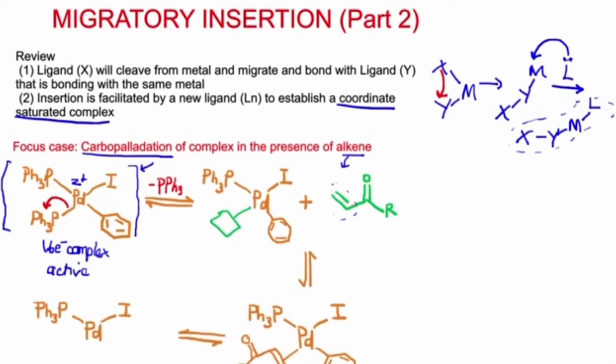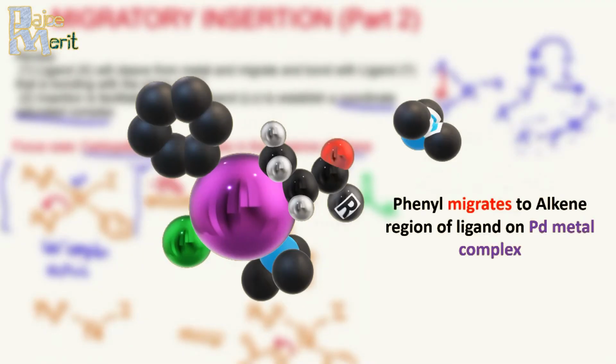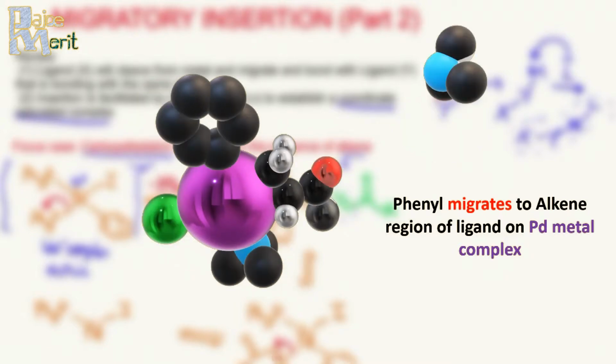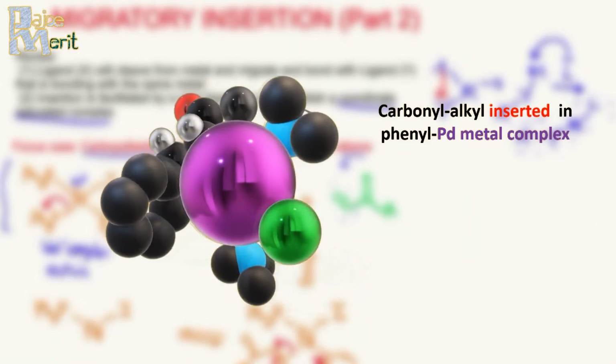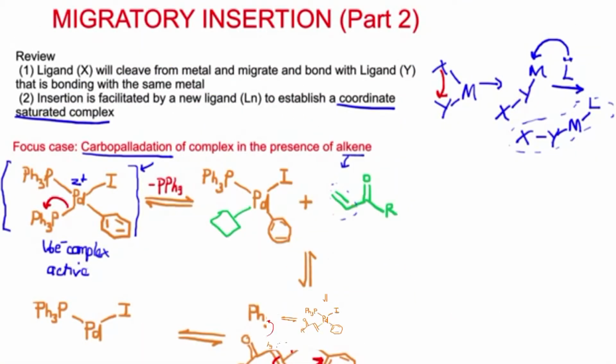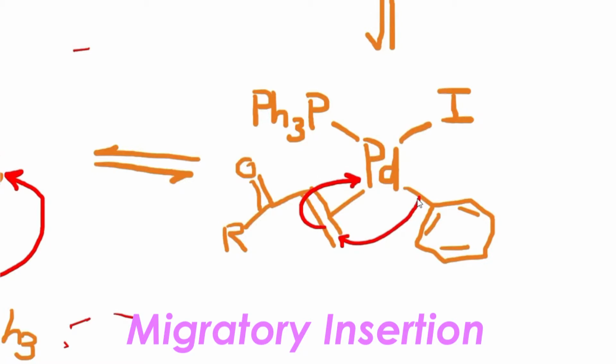Now that this is formed, we perform our migratory insertion reaction, where this bond forms a sigma bond with the carbon right there, and this pi bond forms a sigma bond with the carbon on the phenyl group. Therefore this results in the intermediate step. You notice there is an empty spot right there.